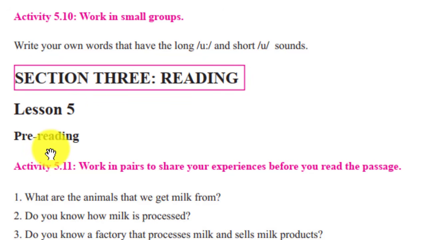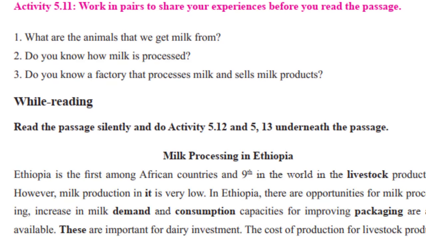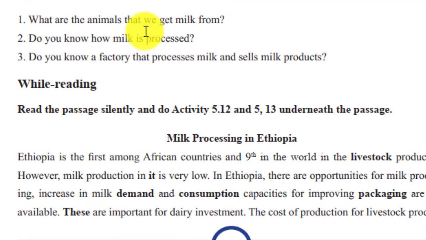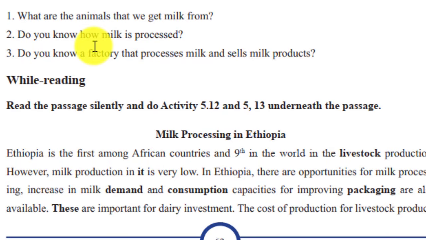Section 3 reading activity ነው, lesson 5 pre-reading አለ ቅድመ ንባብ. Activity 5:11 work in pairs to share your experiences before you read the passage. Before reading ነው, normally there are 3 questions. The first one: what are the animals that we get milk from? ወተት የምናገኝባቸው animals እነማን ናቸው? Do you know how milk is processed? ወተት እንዴት በሂደት መታለብ እንደሚችል ማለት ወደ ወተት ምርትነት እንዴት እንደሚቀየር ታውቃላችሁ ወይ?